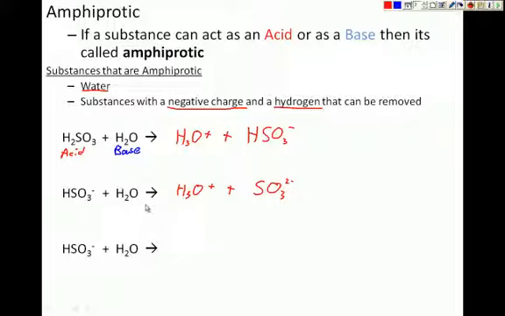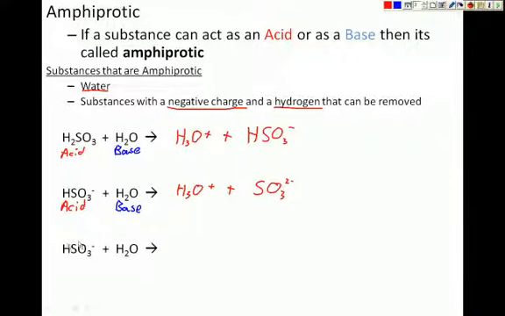Okay, so since this donates a proton, this is an acid, and that would make this one again the base, because it's accepting a proton.